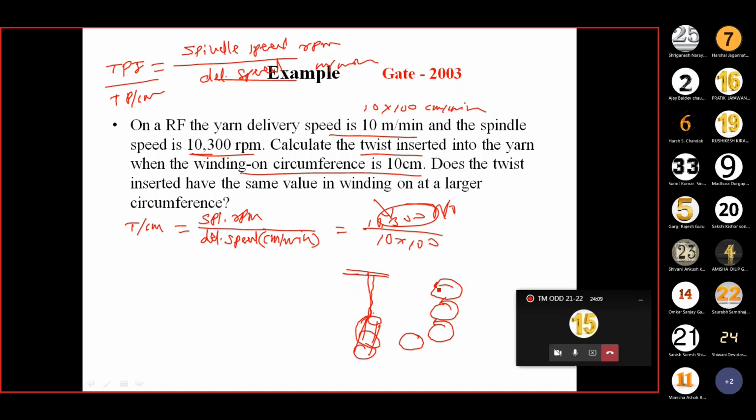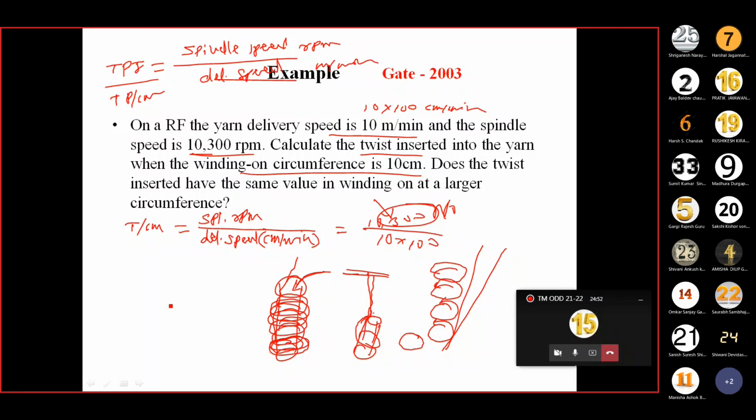Right? So this is the bobbin chase. From here the material is going to wind like this. So in short, your yarn is making revolution around this bobbin. So obviously certain spindle revolutions will get wasted in order to wind this yarn over the surface, and then twist flow will be there.